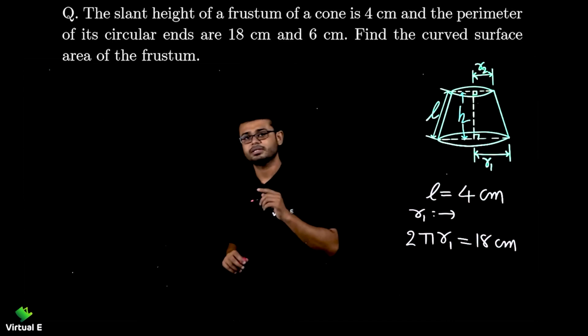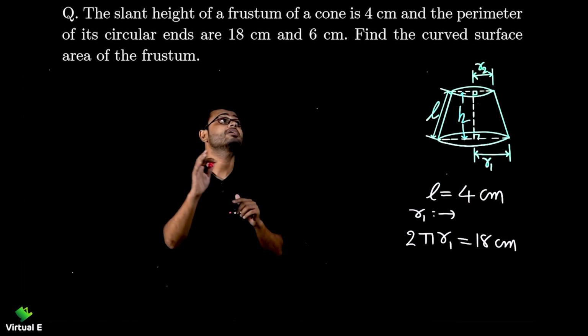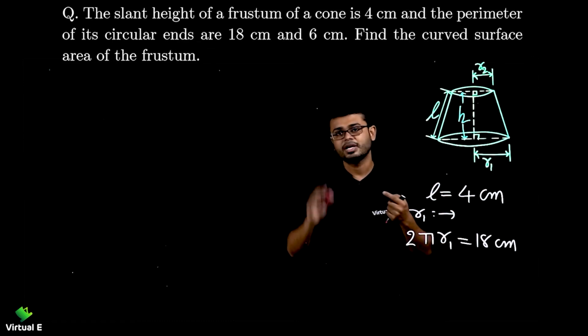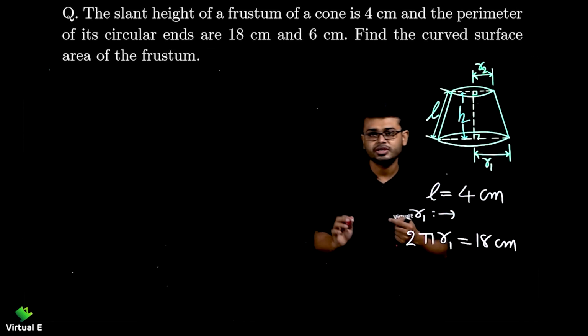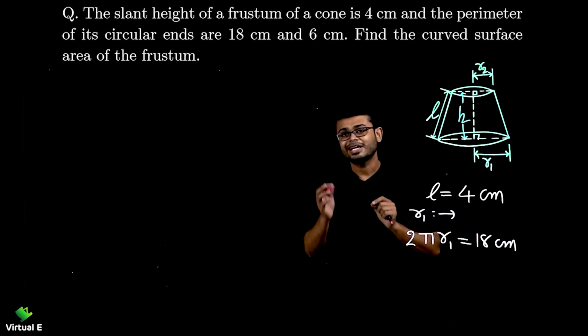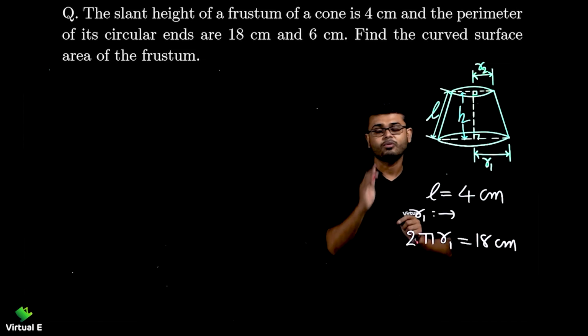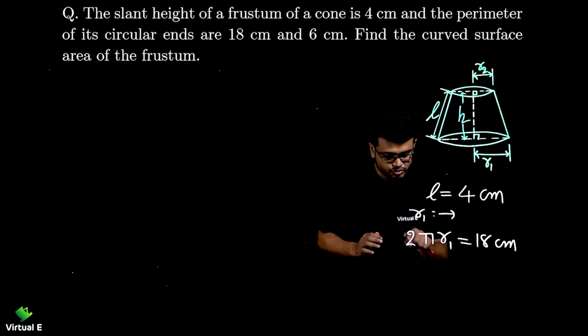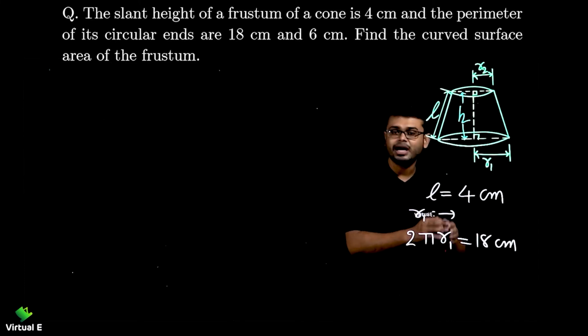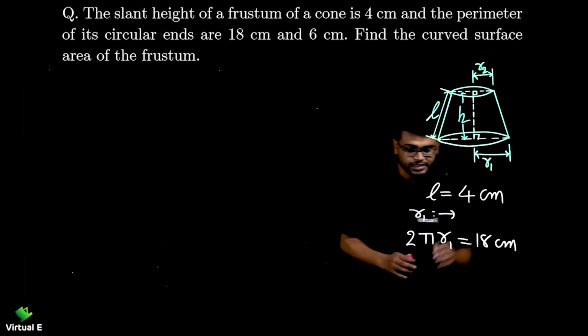Now how am I writing this? It is given the perimeter of the ends. So this is the end of the frustum, and it is circle shaped. When I talk about the perimeter of this circle, that is circumference. The formula for it is 2 pi r. For the bottom one, let's label 2 pi r1, and the value is 18.